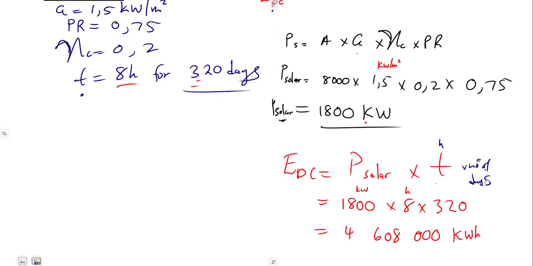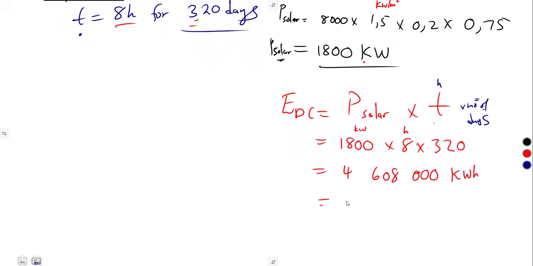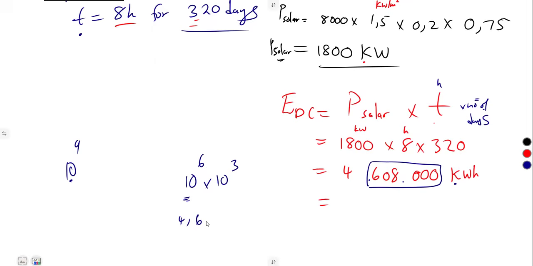All right. So you can convert this one to gigawatt. Kilo is times 10 to the exponent of 3, and giga is to the exponent of 9. So to have to the exponent of 9, we must have to the exponent of 6, because 6 plus 3 is 9. So we convert it to 4,608 times 10 to the exponent of 6, times 10 to the exponent of 3.